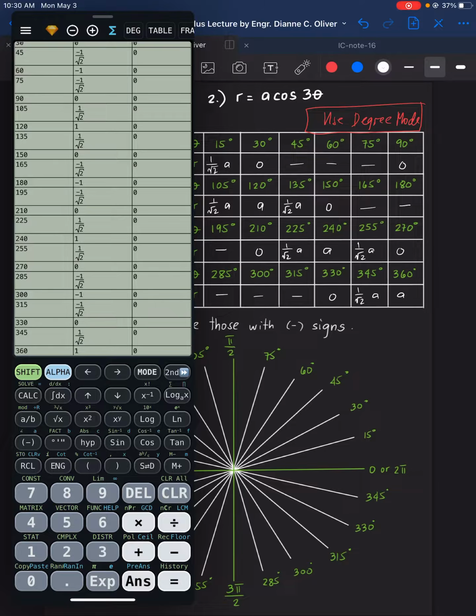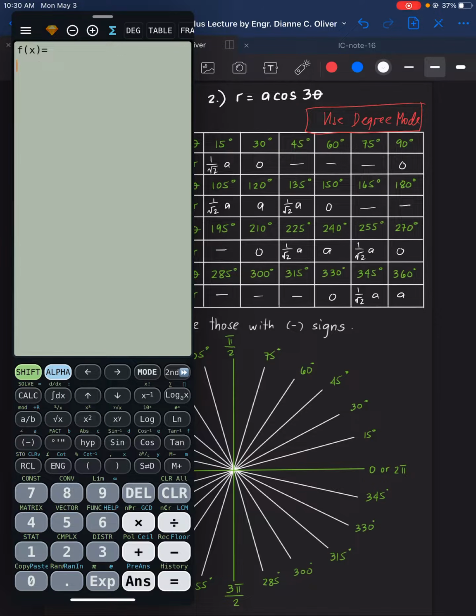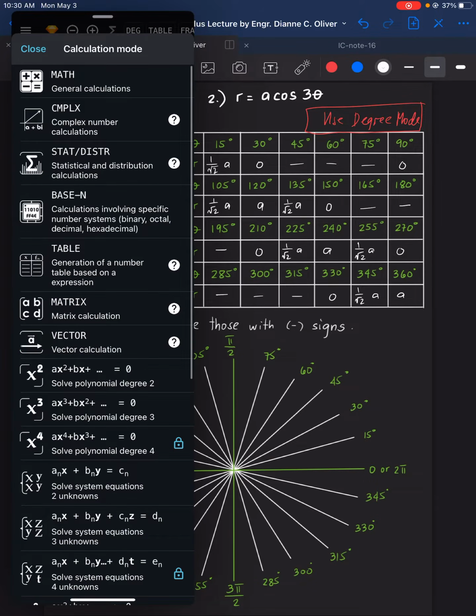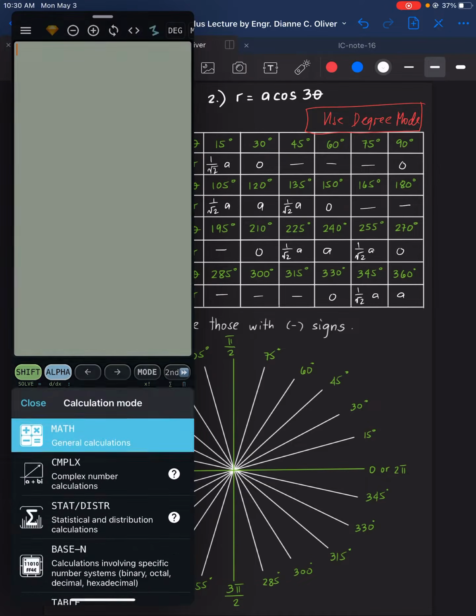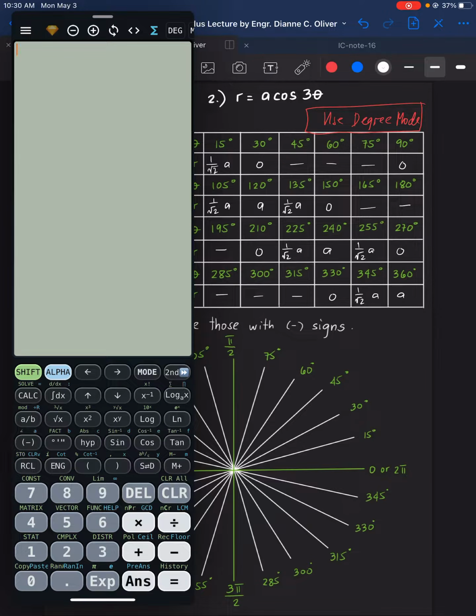Alright, so clear this one. Mode, complex math. Okay, what is 1 over square root of 2? That is equal to 0.707 or 0.71.